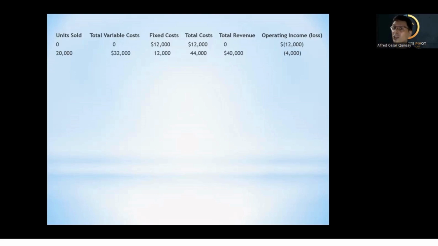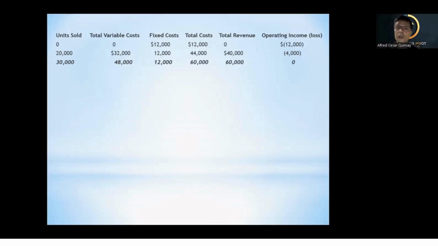When I say leverage, this is where the company invests in a machine or a software, and the less leveraged, they invest more on the labor. Now at 30,000 units, they have already achieved the break-even point. As you can see here, the total variable cost is 30,000 units sold times 1.6, that would be $48,000, while the fixed cost is $12,000.